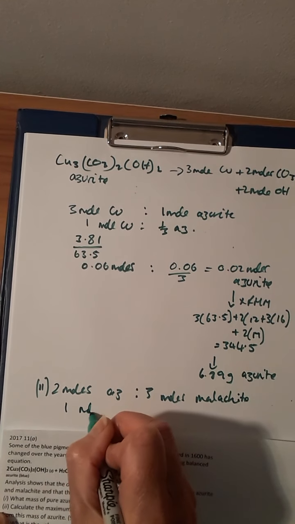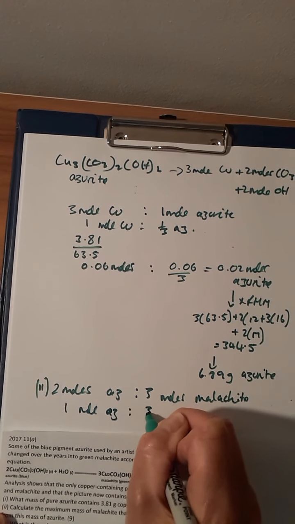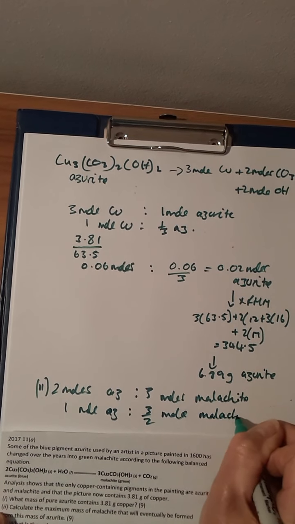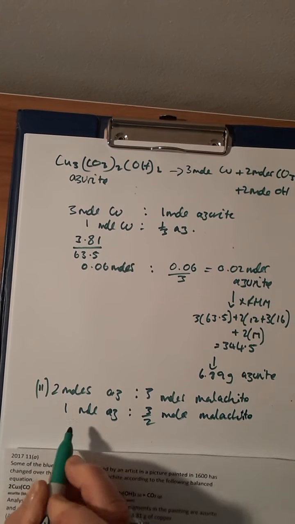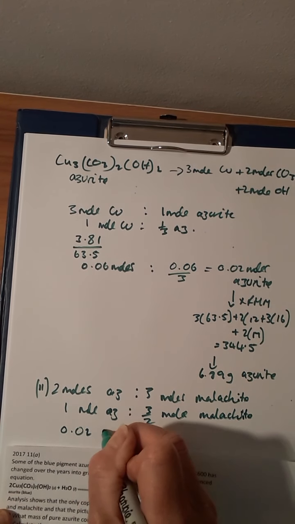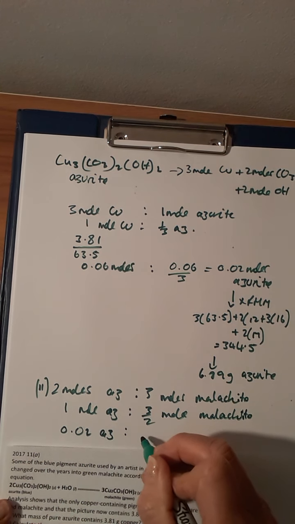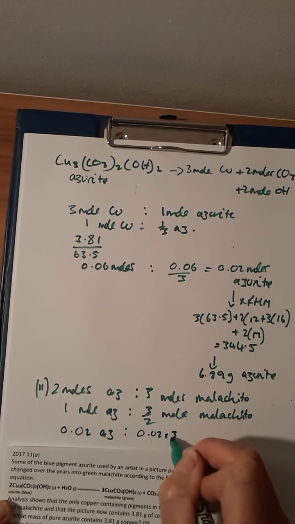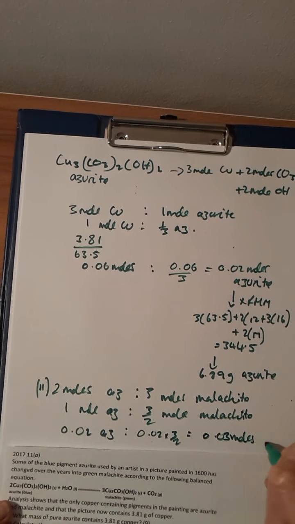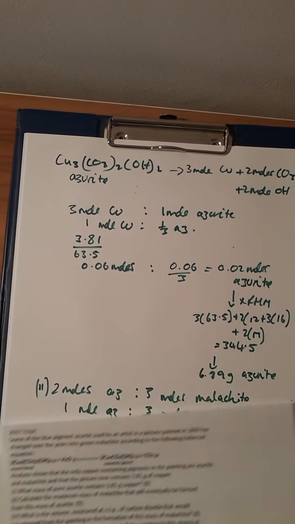So 1 mole of azurite will produce 3/2 moles of malachite. Now, how many moles of azurite do we have? We've got 0.02 moles of azurite. We've already found that. So 0.02 moles of azurite will give me 3/2 times that, which will of course be 0.03 moles of malachite.